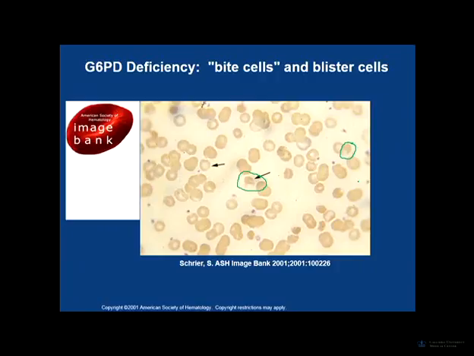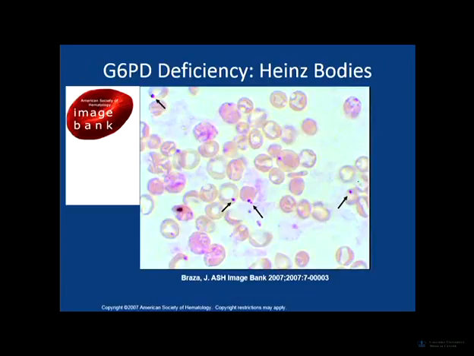And one of the things that happens is you will get precipitation of the residual nucleic acids in the red blood cells. Or is it proteins that get denatured? It's hemoglobin that gets denatured.